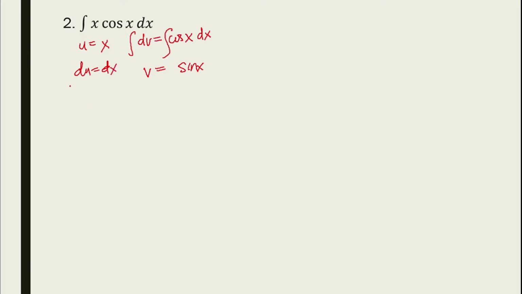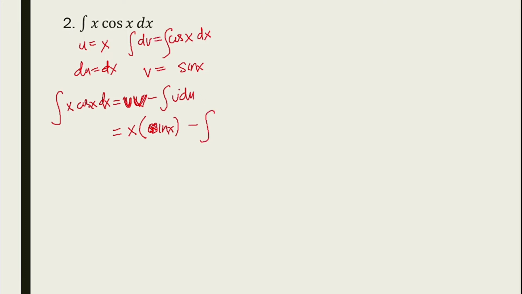By using integration by parts, the integral of x cos x dx is equal to uv minus the integral of v du. So what is our u here? x, times v, which is sine x, minus the integral of v, which is sine x, dx.